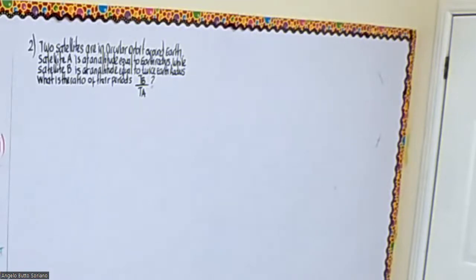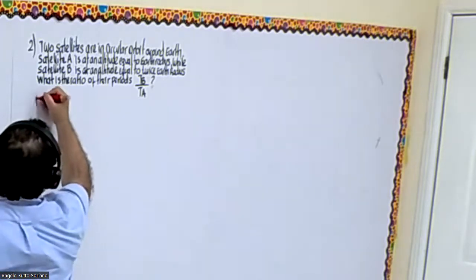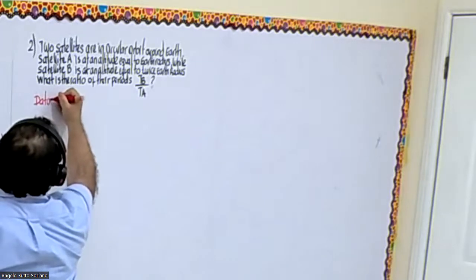All right, the problem says, two satellites are in circular orbit around Earth. Satellite A is at an altitude equal to the Earth radius, whilst satellite B is at an altitude equal to twice the Earth radius. So the question is, what is the ratio of their periods? Basically, before solving this problem, we must establish the value of the radius data.